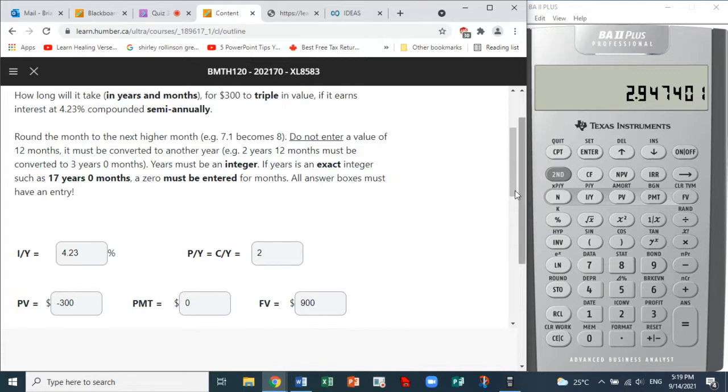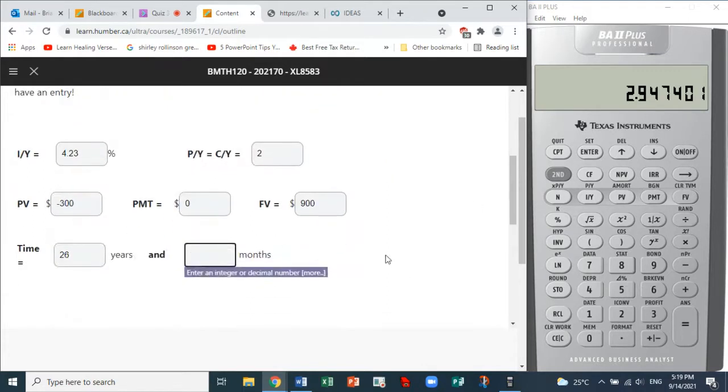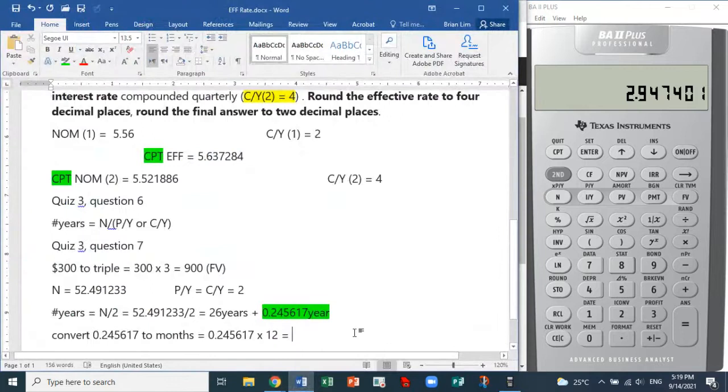So 2.9 will surely become, yes, you cannot have decimals, so that will become 3. Okay, so that is equal to 2.947401, which then would convert to, maybe we should go to the right arrow. I don't know if that works. Yes, it does work. It would be 3 months.